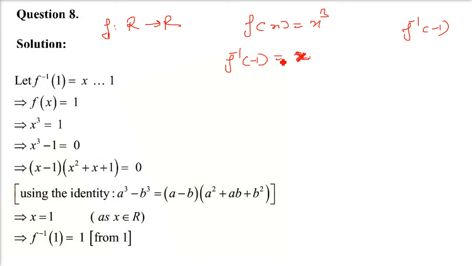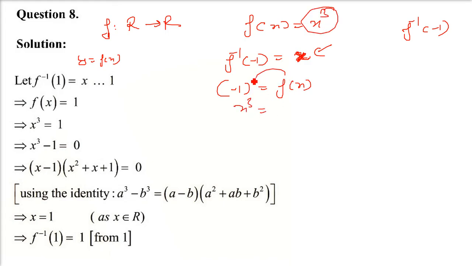So f inverse of minus 1 equals x, I am writing. f inverse of minus 1 is x, so when we take the inverse on this side, f(x) will be equal to minus 1. f(x) is already given as x cube, so x cube equals negative 1. Is it negative 1? It's 1. Oh, let me just change it, it's 1. So here is a correction. I'm just changing it to positive 1, it's not negative 1.